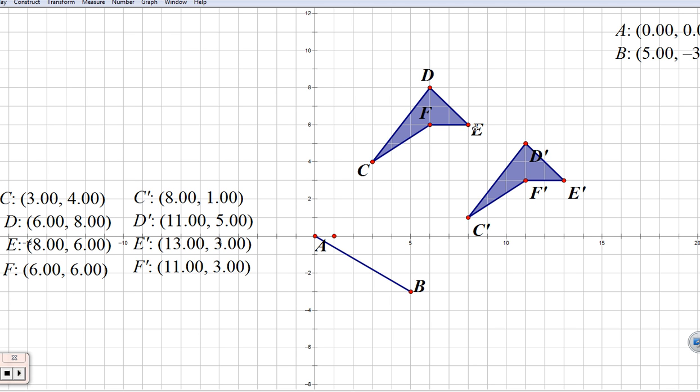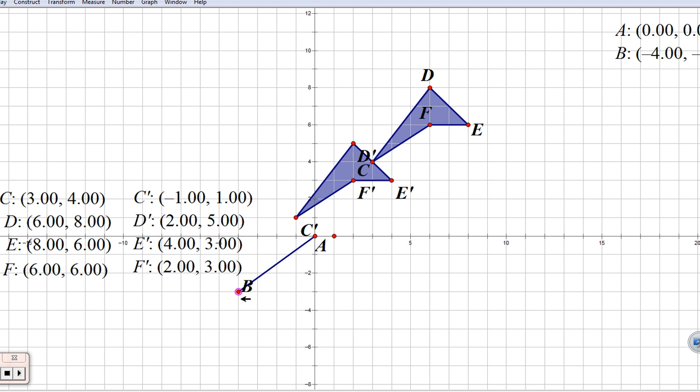E to E prime, starting at point E, I had to go 1, 2, 3, 4, 5 to the right, and down 1, 2, 3 to get to E prime. The direction of my vector is telling me the direction I have to go from my pre-image to my image. Every single time that's going to happen.